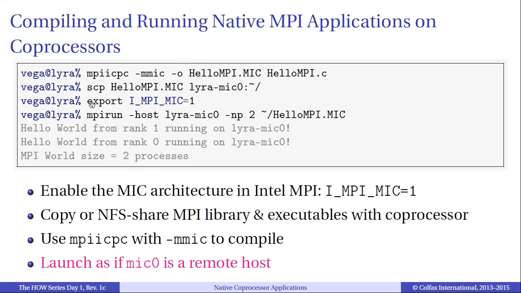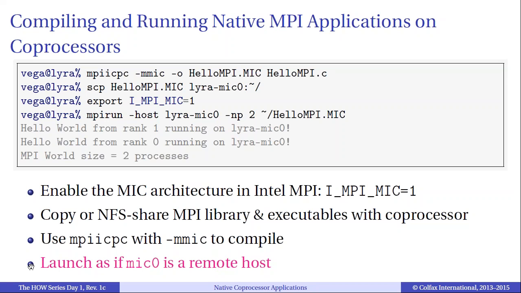But then I can set a special variable impi mic equals 0, which will tell the MPI library that I'm going to run it on the Xeon Phi architecture. The result will be that the application will run, and I specified that I want to run on this host using 2 processes, so I've just run my first parallel application. It used 2 processes on Xeon Phi.